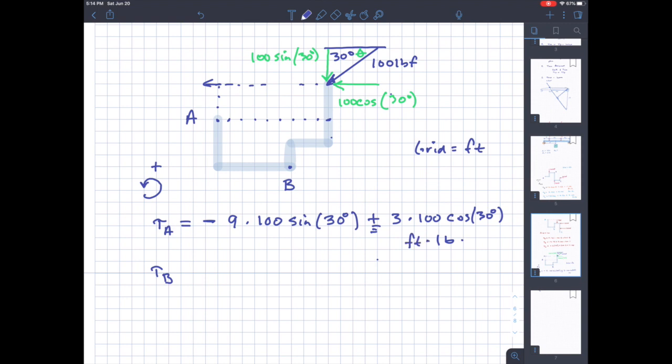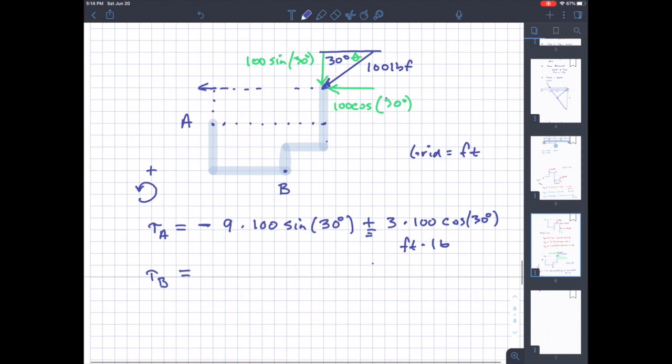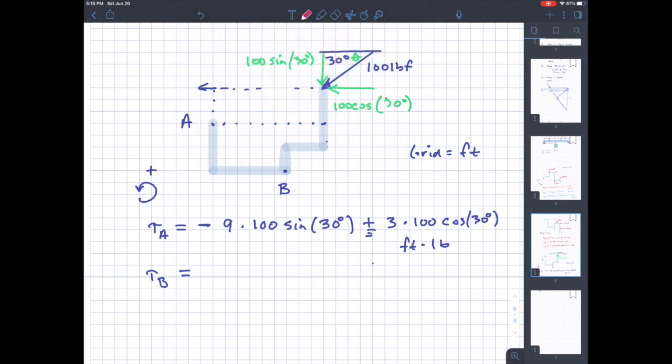All right, let's do the same thing for the sum of moments about point B. It's the same kind of thing where you resolve the components into vertical and horizontal directions. We look at this line of action for the vertical force. The distance to that is 3.